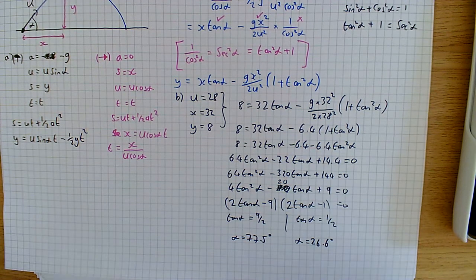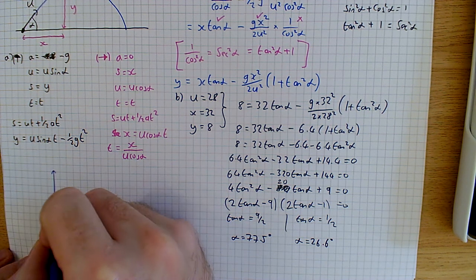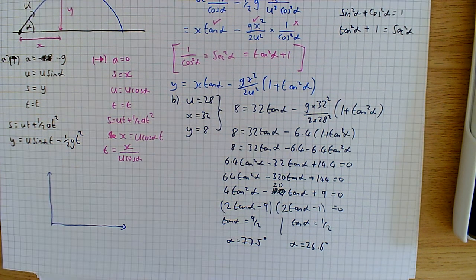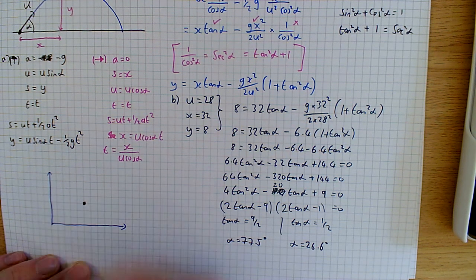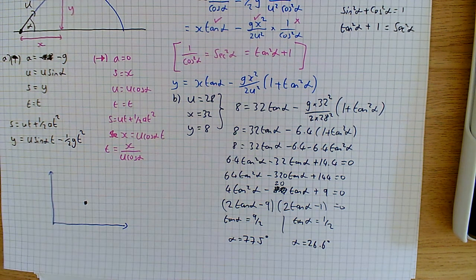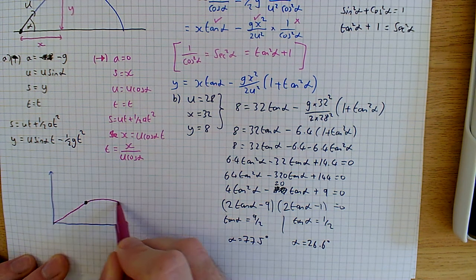Just as a final point, why are there two possible values of projection? Well, if we were to draw what this represents, if we think about what we're looking for, a projection that goes through, say, this point here, there will be two options. One option will be the low option where you're hitting it on the increase.